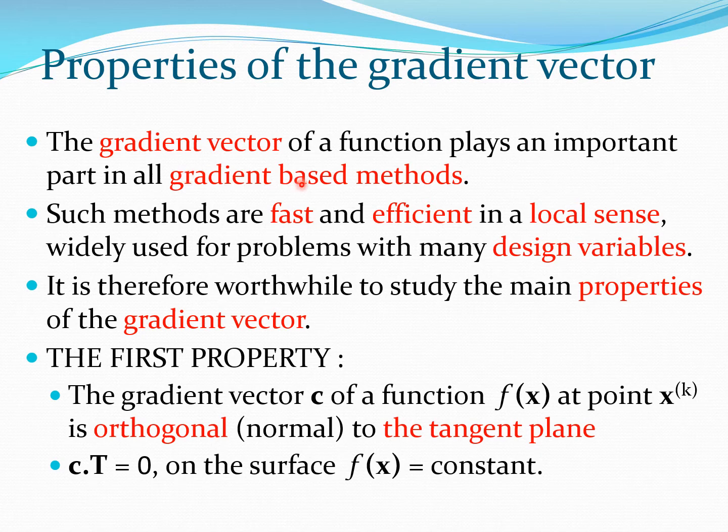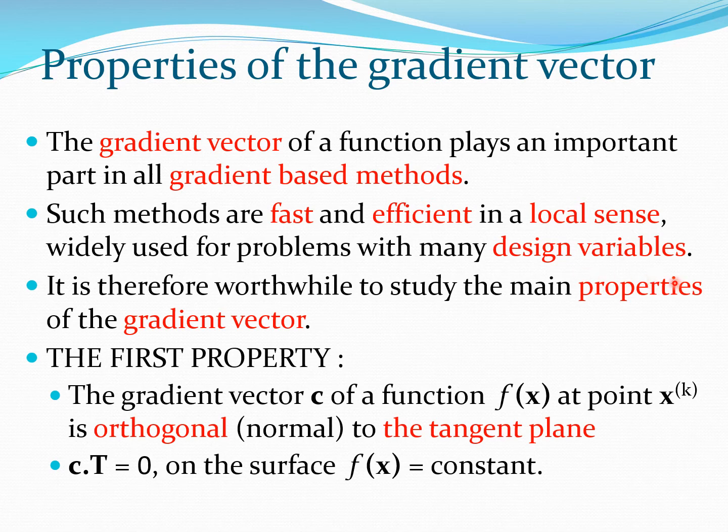Now the gradient vector of a function plays an important role in all these methods, and these methods are often classified as gradient based methods because they use some permutation of the gradient vector to come up with the search direction. These methods are fast and efficient in a local sense, and especially in problems where there are a large number of design variables.